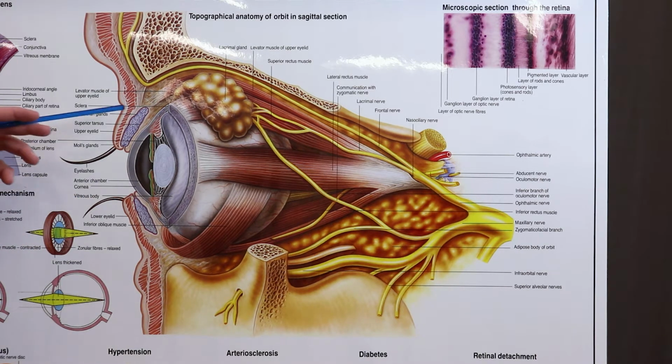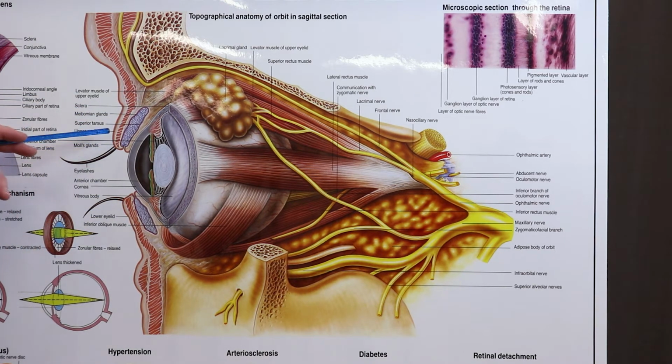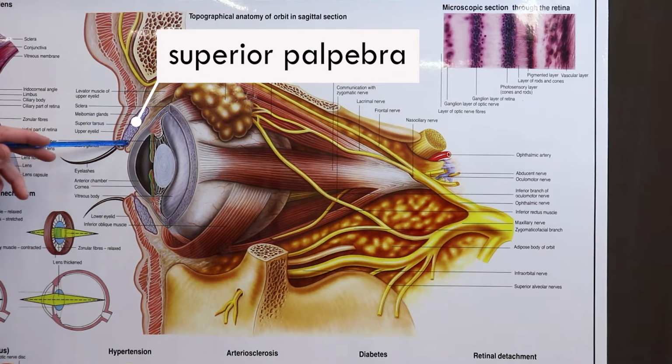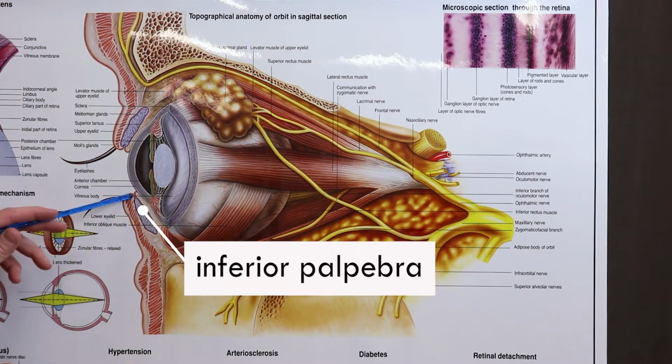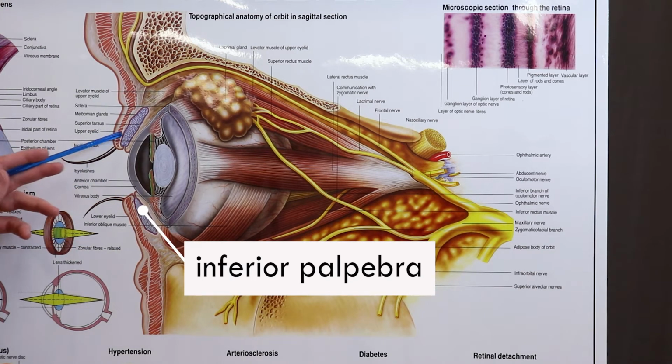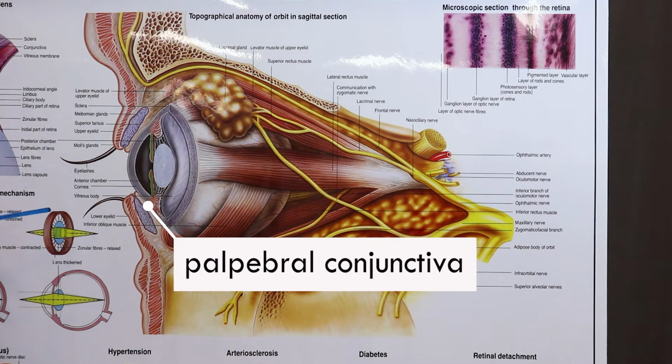On this chart, we can also see the eyelids, which have a special name. The eyelids are called the palpebrae. So this is the superior palpebra, and this is the inferior palpebra. And the superior and inferior palpebra will be lined with a mucous membrane called the palpebral conjunctiva. So you've probably heard of conjunctivitis.